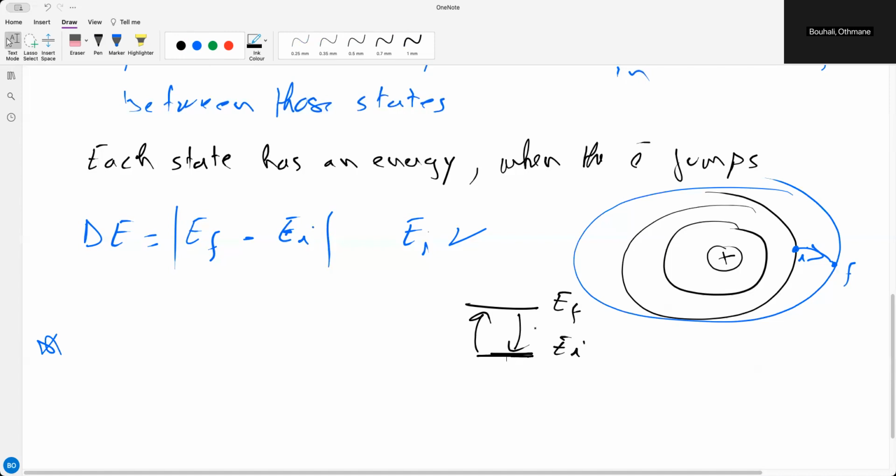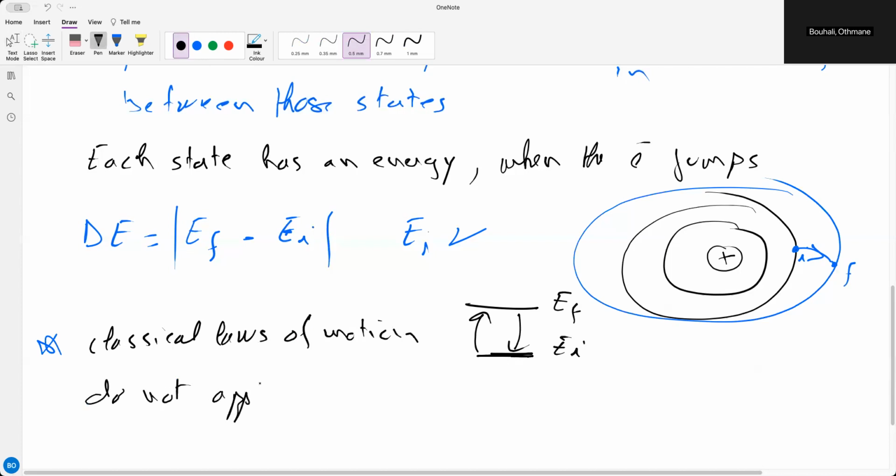The classical laws of motion, classical physics, do not apply during the transition. In other words, when the electron goes from here to here, it is neither in a free fall nor under a gravitation force.